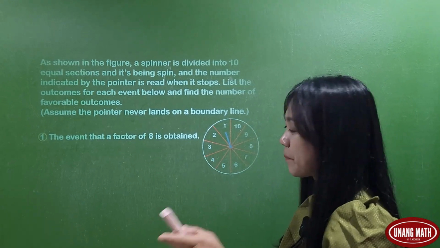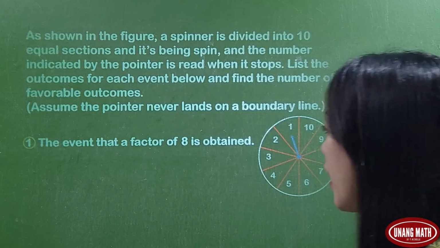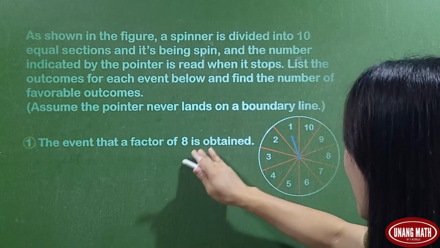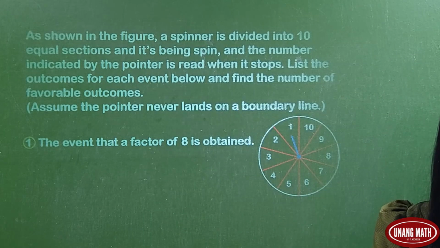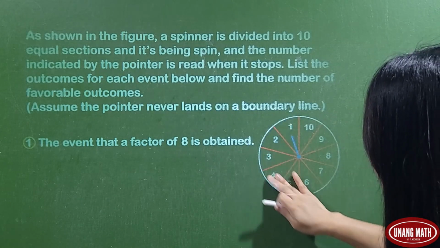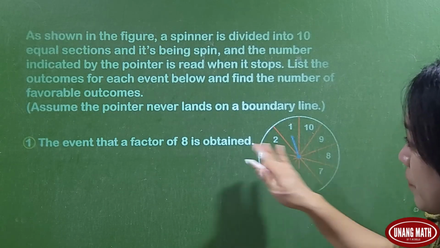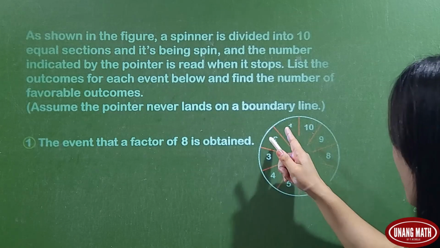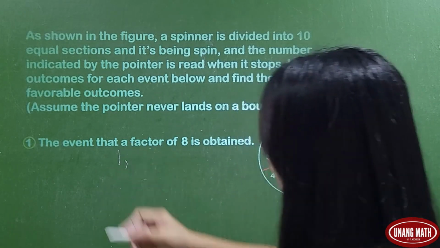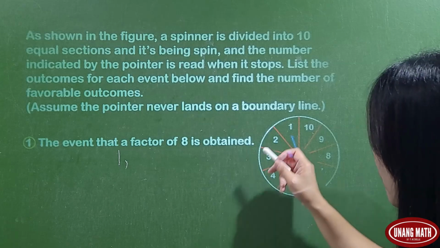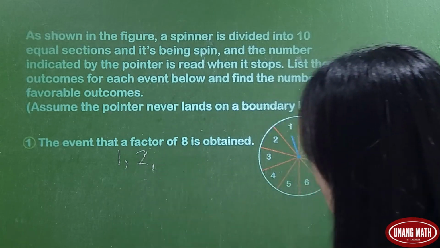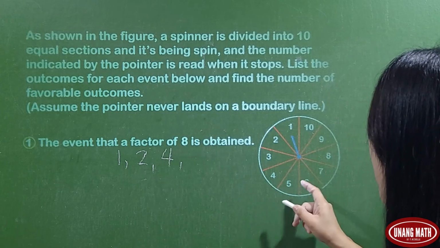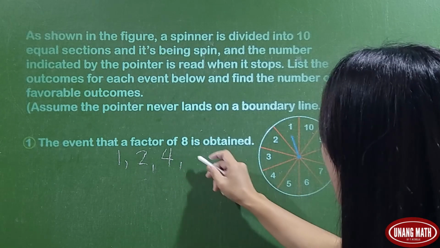Okay, the first event is the event that a factor of 8 is obtained. From these 10 numbers, 1 to 10, 1 is a factor of 8. What else? 2 is also a factor of 8, and we have 4 and also 8.